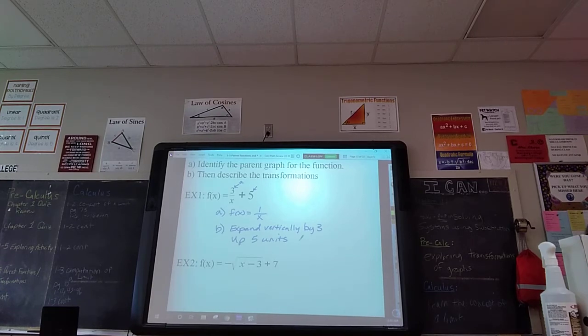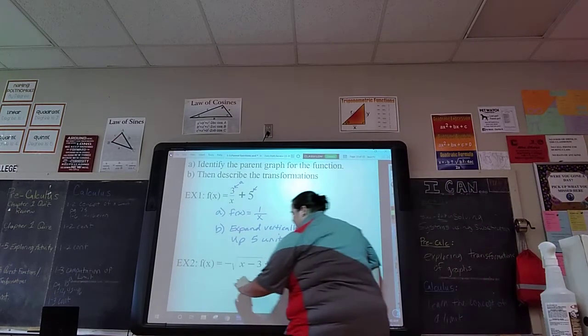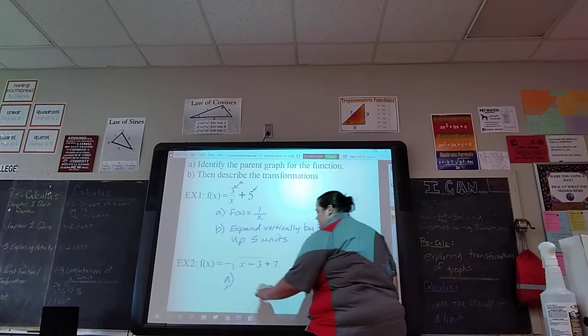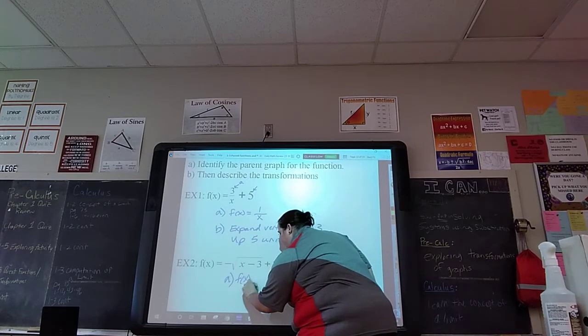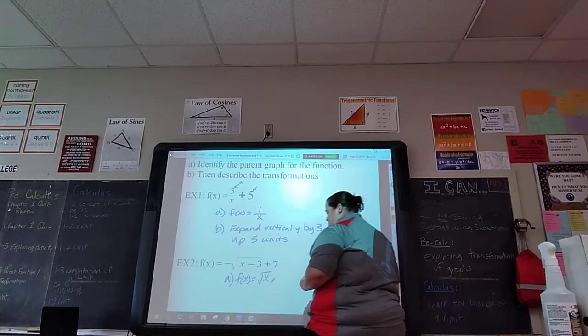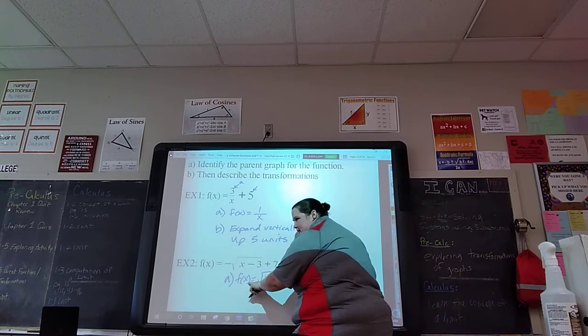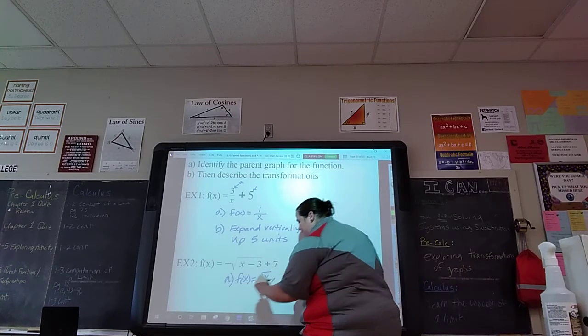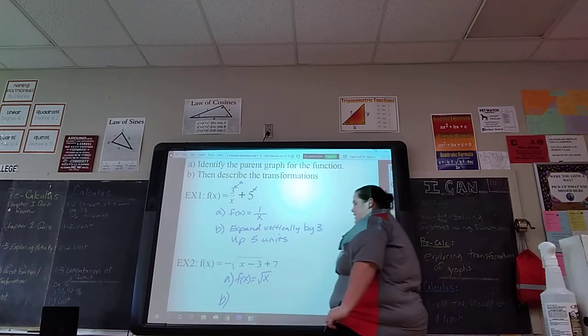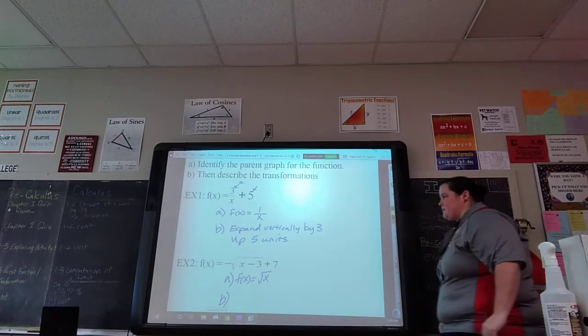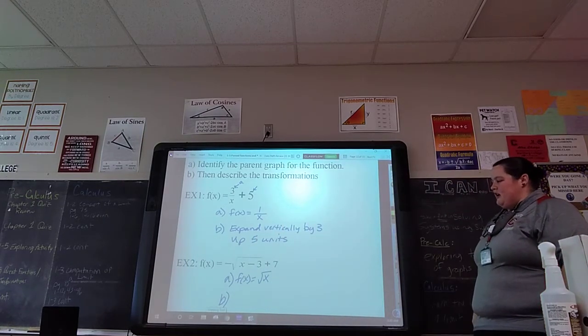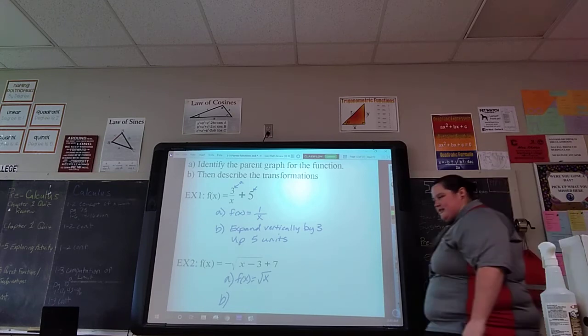What about the second one? What's my parent function? Square root of x. Oh, you don't always have to write this f of x, that's just a habit of mine. As long as you have the square root of x, I'm fine with that. So comparing it to the square root of x, I see 3 changes.